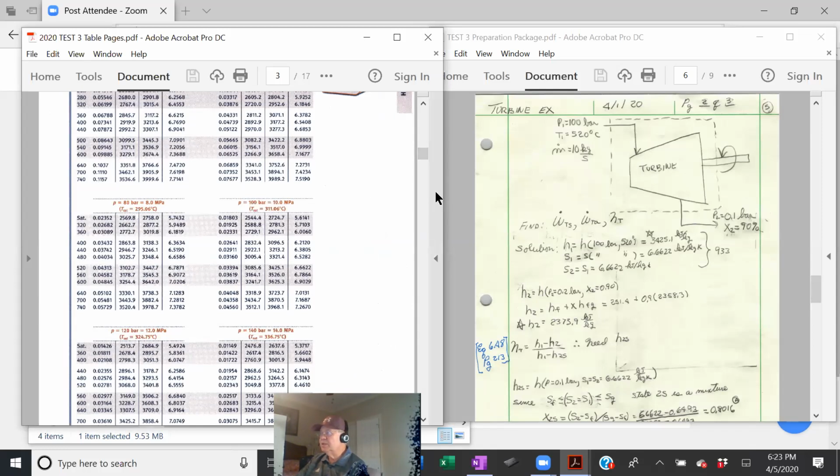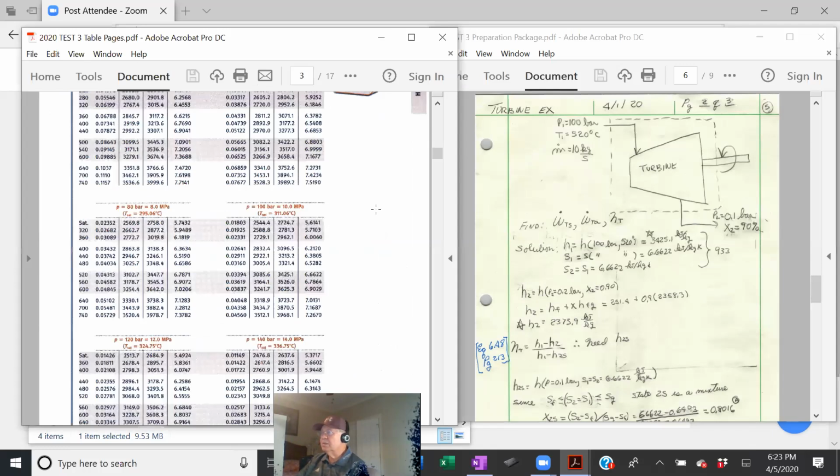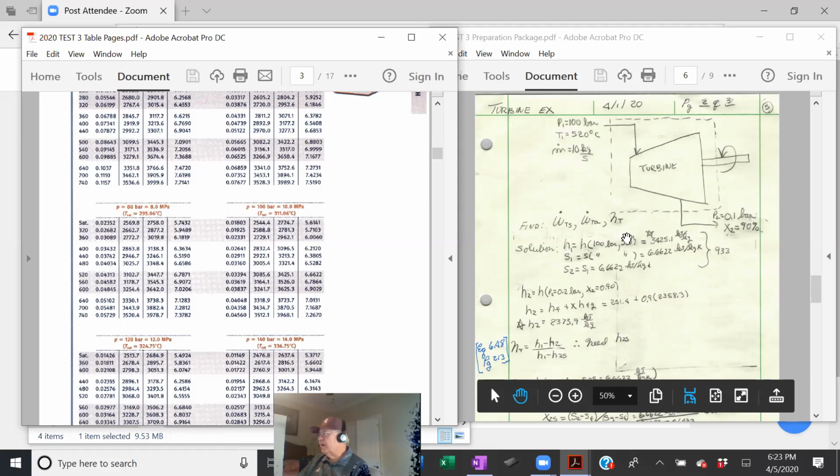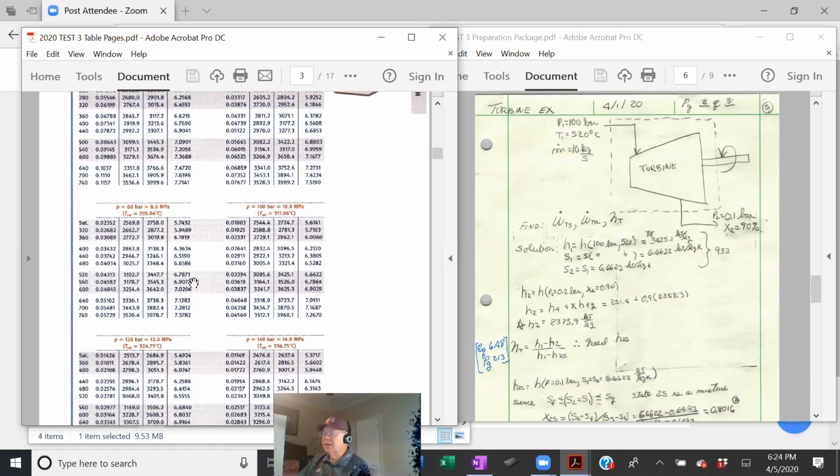Maybe I could boost the size a little bit. There's a 100 bar mini table, and we're looking for 520 degrees. There's 520. So H1 is 3425.1. What is S1?